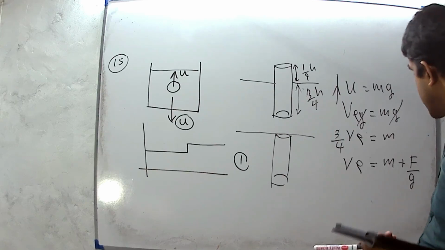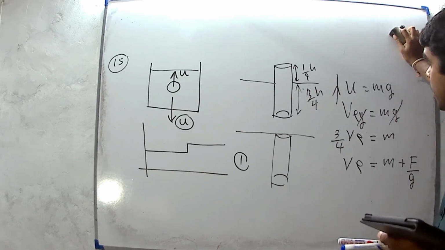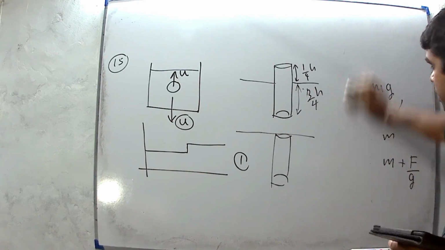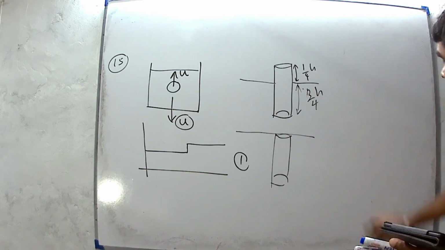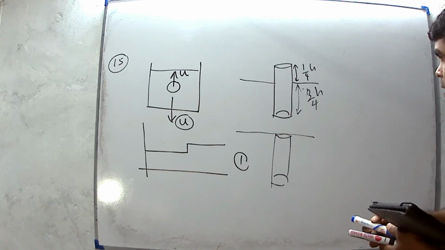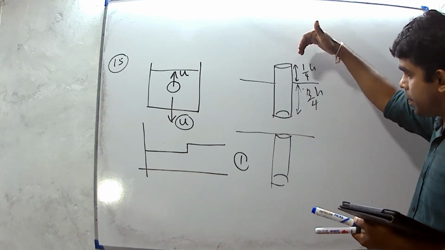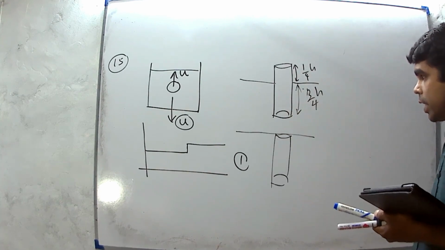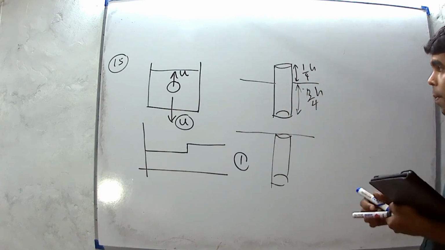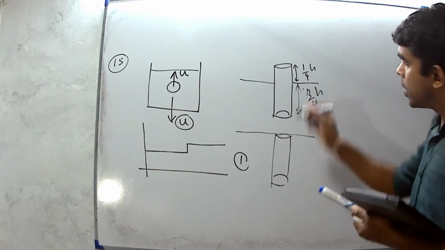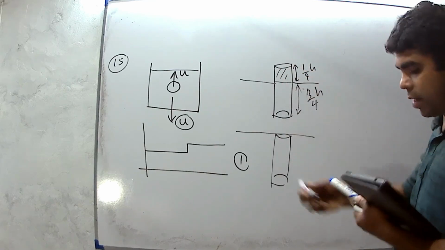Oh, there is another method. I think it is easy to simplify, so I will use that method. The given force should be equal to the upthrust on this non-immersed part.